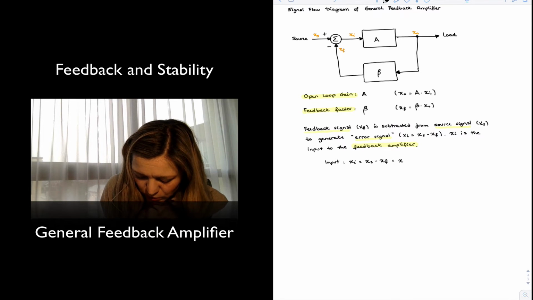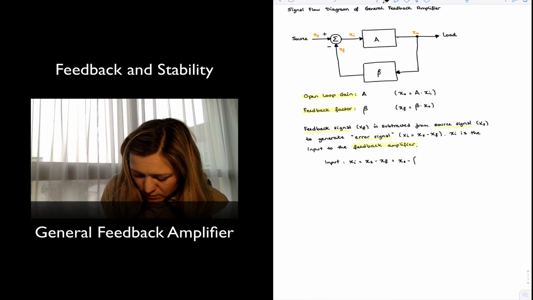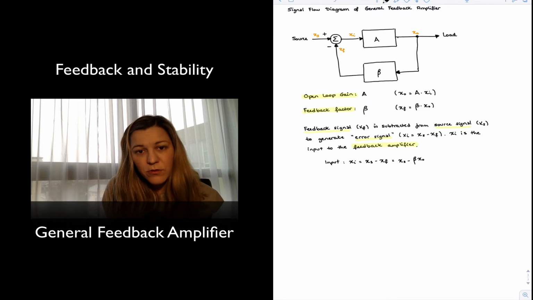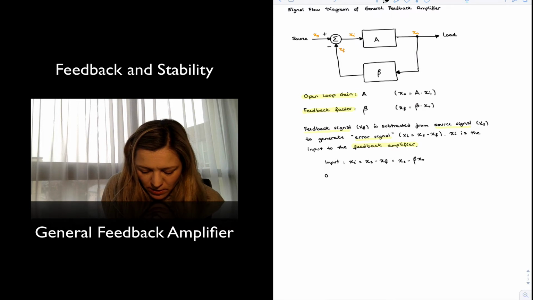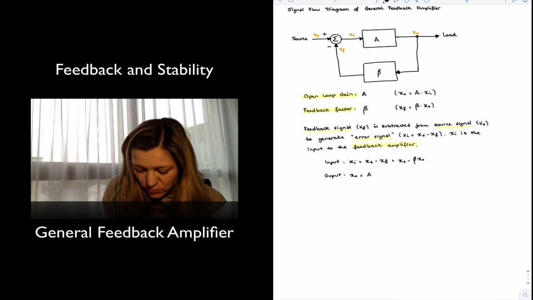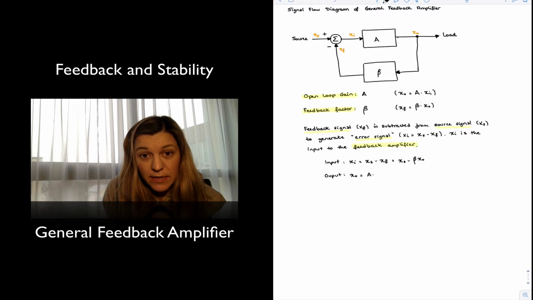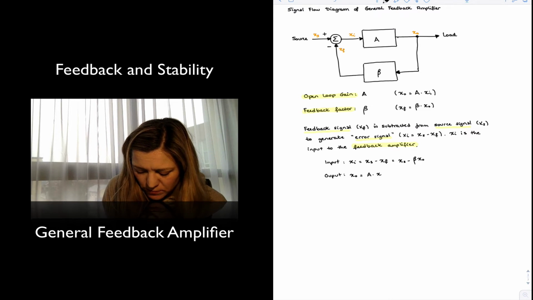So we can express this as Xs minus beta times Xout. And the output signal for my feedback amplifier, Xout, is going to be equal to the open loop gain A times the input signal. And so it's going to be equal to A times (Xs minus beta Xout).